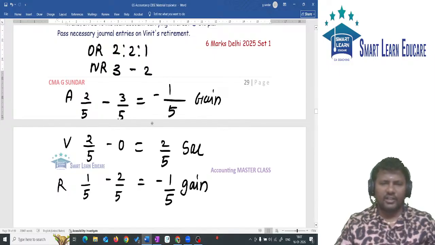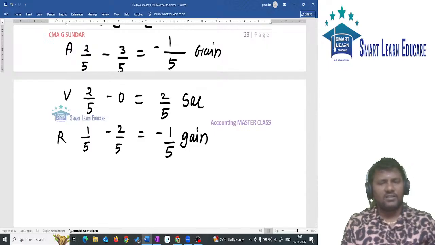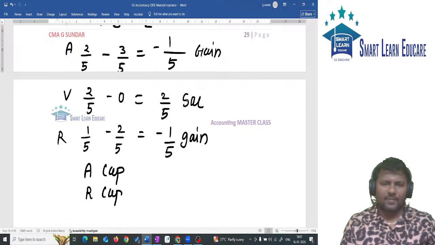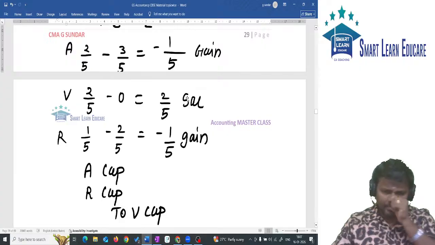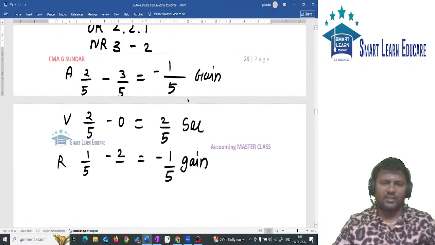What is the journal entry for goodwill? Gaining partners' capital accounts debit to sacrificing partner. A's capital account debit, R's capital account debit to V's capital. A's capital debit for 1/5 share. Total goodwill is given as 60,000.